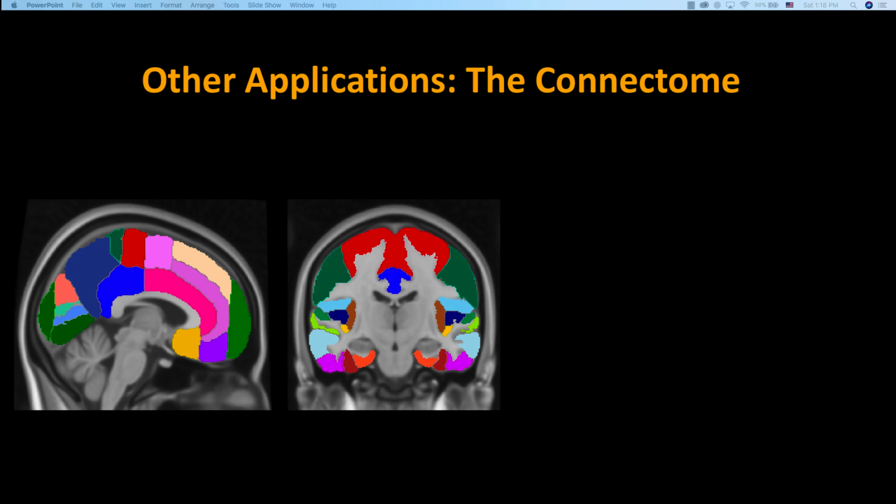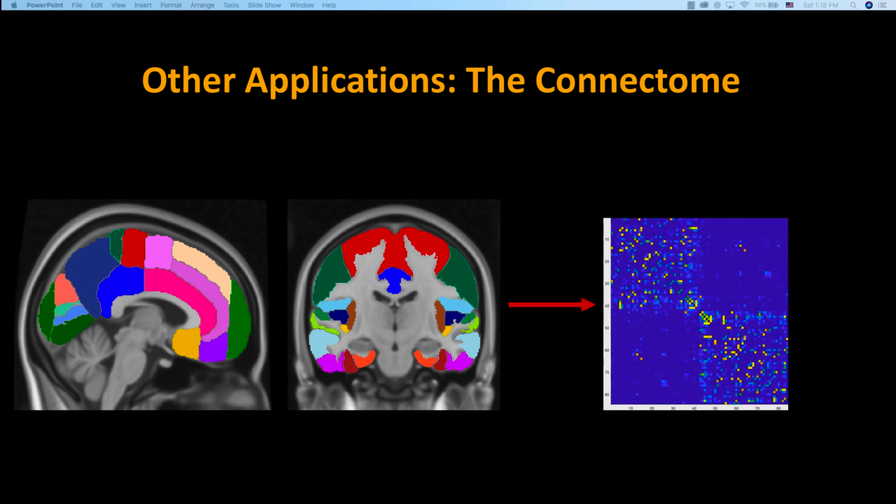And once you have those, instead of correlating individual voxels with each other, you can simply correlate these different regions with each other. And if I then construct a matrix, which is the number of ROIs by the number of ROIs, you'll see these graphs that can reveal certain structure to these functional connections.